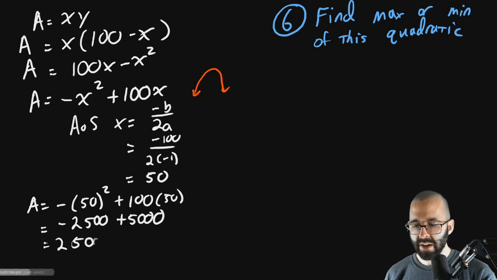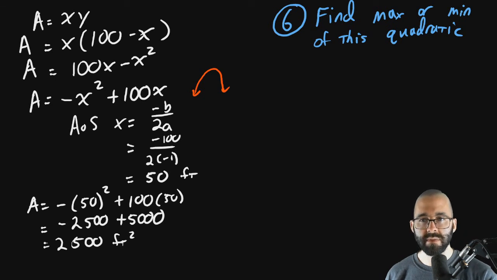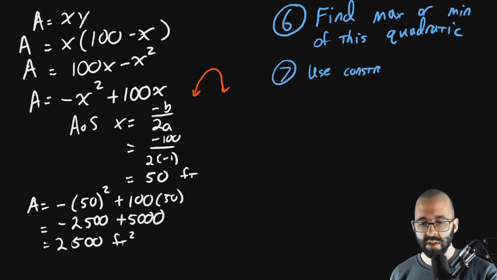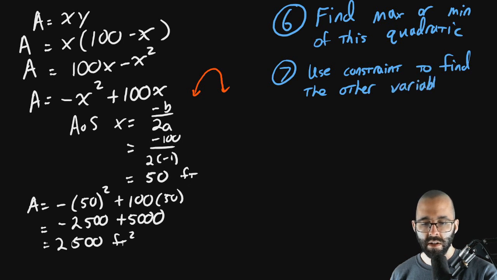The maximum area, and x is in feet, area is in feet squared. And then we're almost done. Sometimes you have to use a constraint to find the other variable. Just make sure you answer the question.